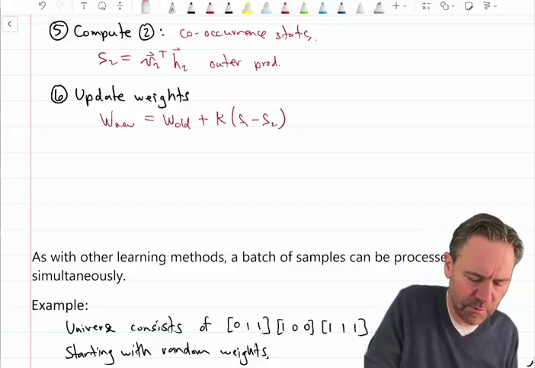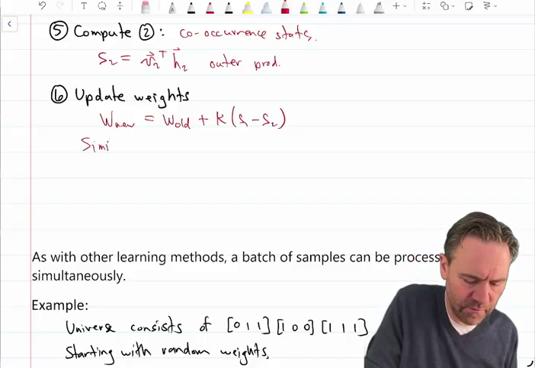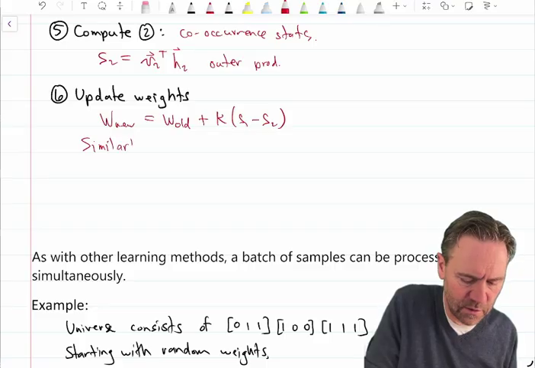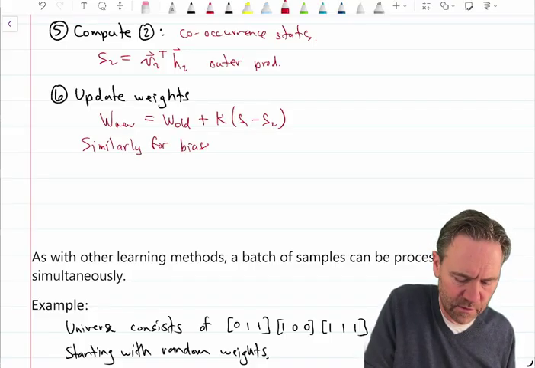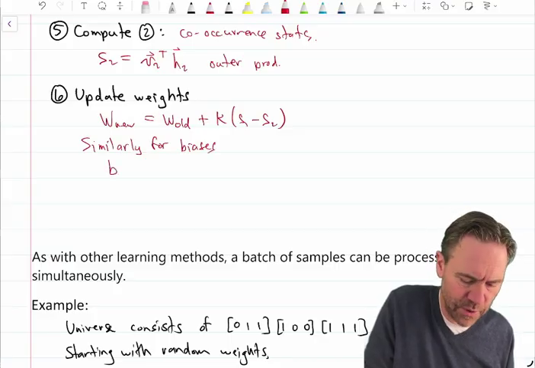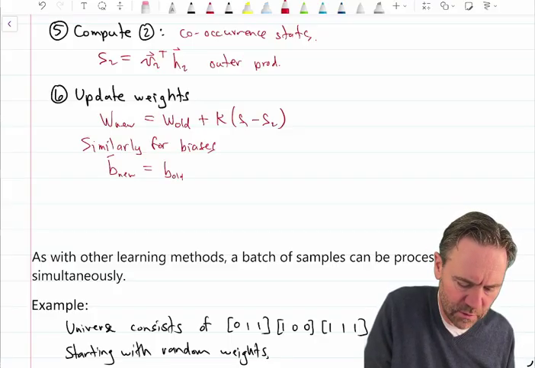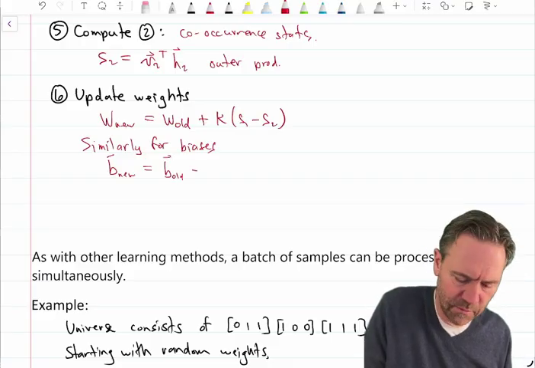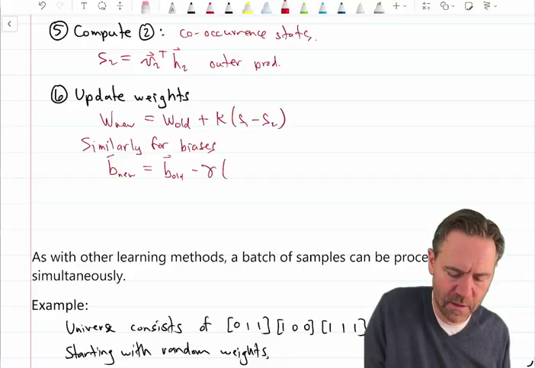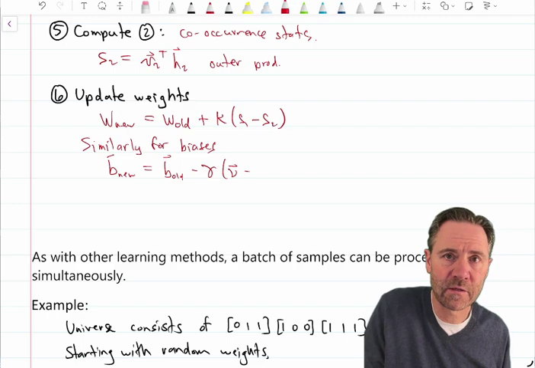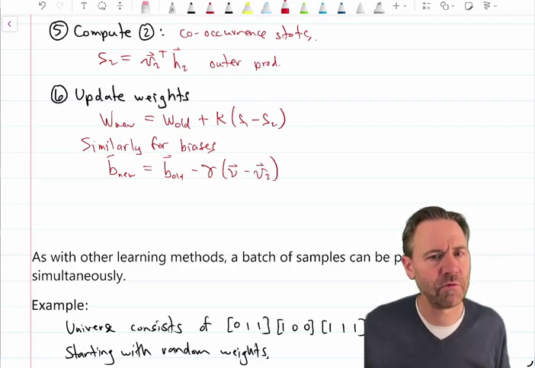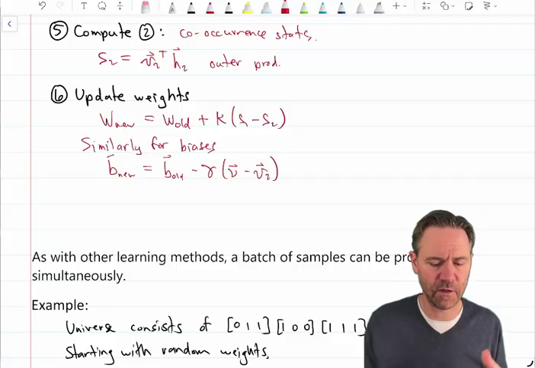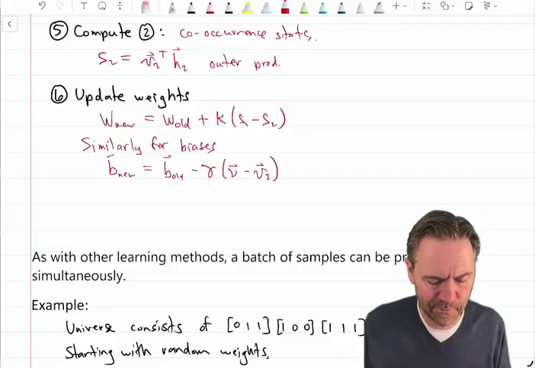And you can do the similar thing for the biases. Similarly for biases. So B new is B old, now I'm saying minus gamma V minus V2. So I'm using the V's directly. You don't need the co-occurrence statistics for the biases.